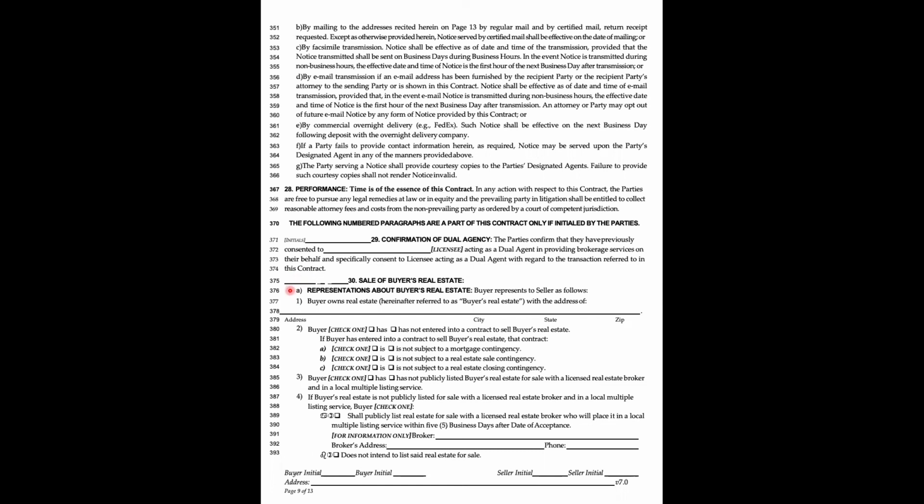Everything in lines 376 through 393 pertains to your role as the seller of your current home and the person who is buying it. On line 378, number 1, it'll simply display the address of your current home. On line 380, number 2, there are two check boxes to choose from here.